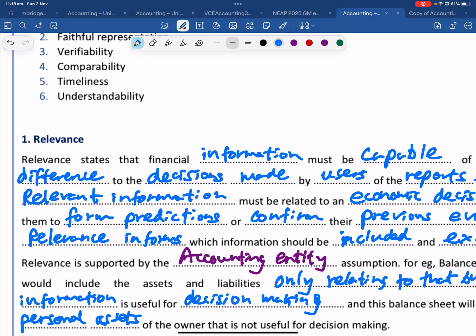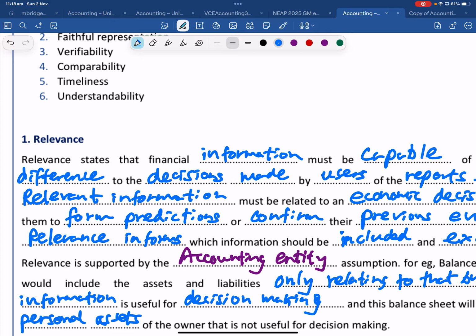What does that mean? What does the second part mean? Relevant information must be related to an economic decision, then to form predictions or confirm their previous evaluations, right?